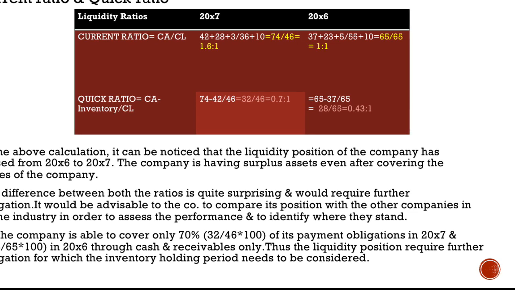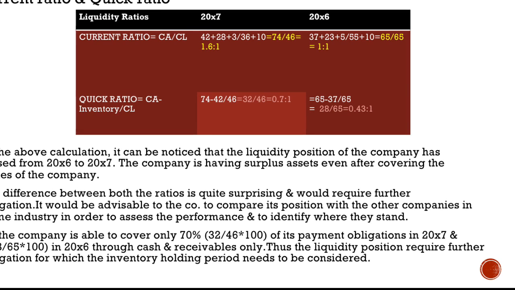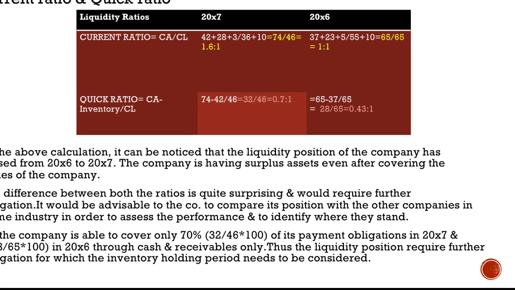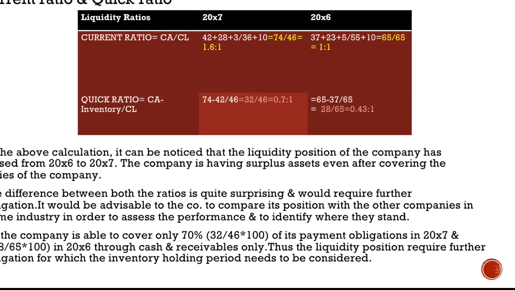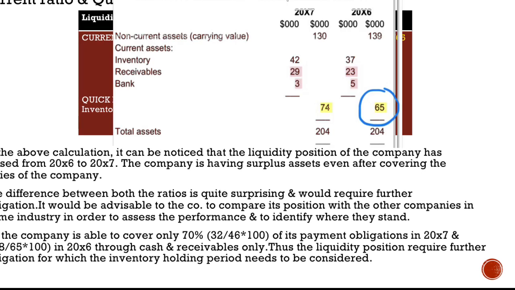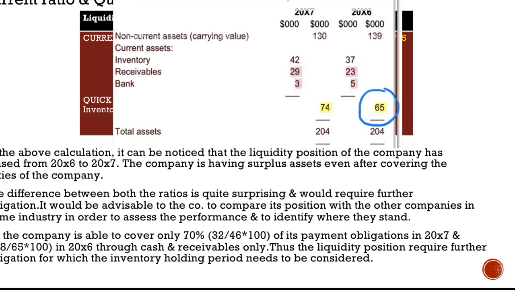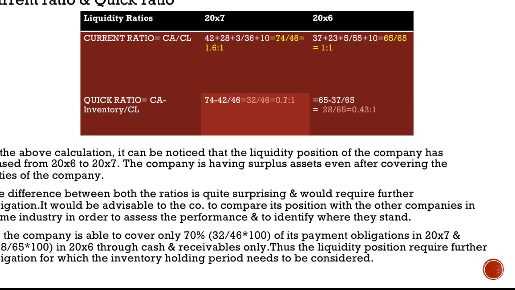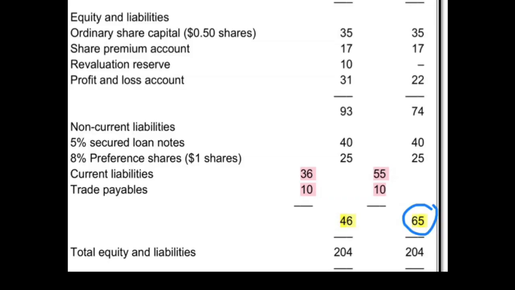So for calculating liquidity ratio, current ratio and quick ratio should be calculated. Formula for current ratio is current assets divided by current liabilities. So current assets are inventories, receivables and bank. So we have to add all this and divide it by current liabilities, that is trade payables.